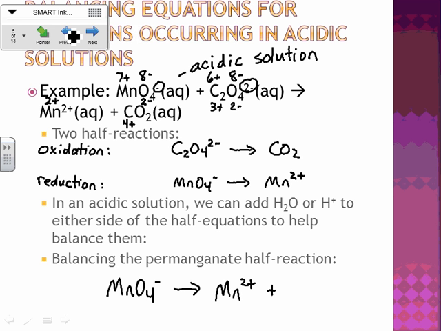We need 4 oxygens, so we need to add 4 water molecules, 4 H2O. Well, now we've totally screwed things up because there's no hydrogen on the left side, but we also have H plus available in this solution. How many H pluses do we need to add to the left side? 8.